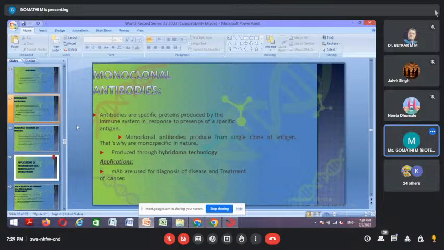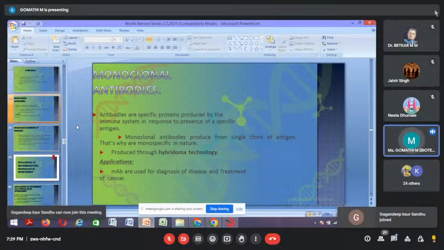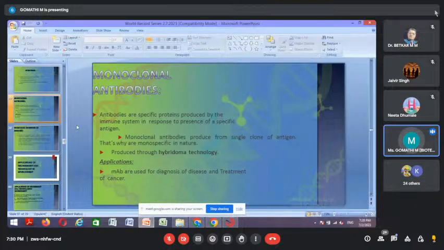A single clone of antibodies produced against a specific antigen is called a monoclonal antibody. Monoclonal antibodies are also produced using recombinant DNA technology, and are used to treat various diseases and cancer.